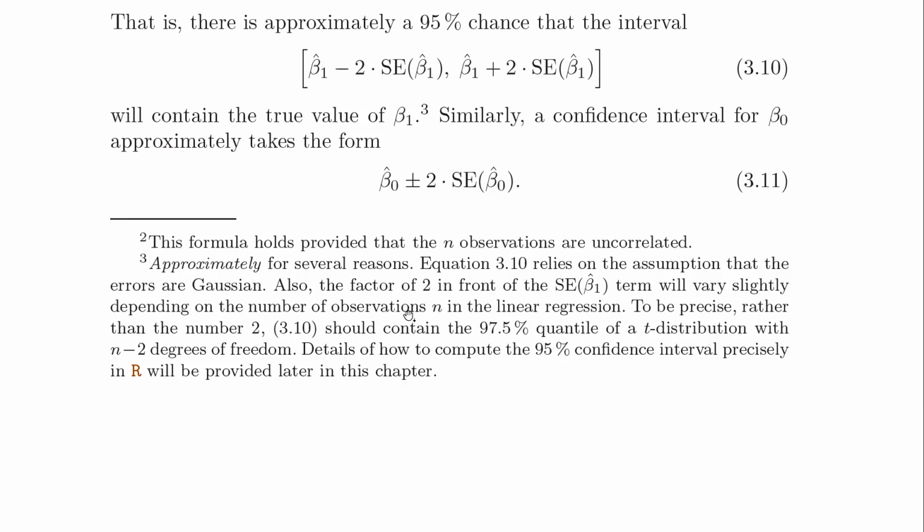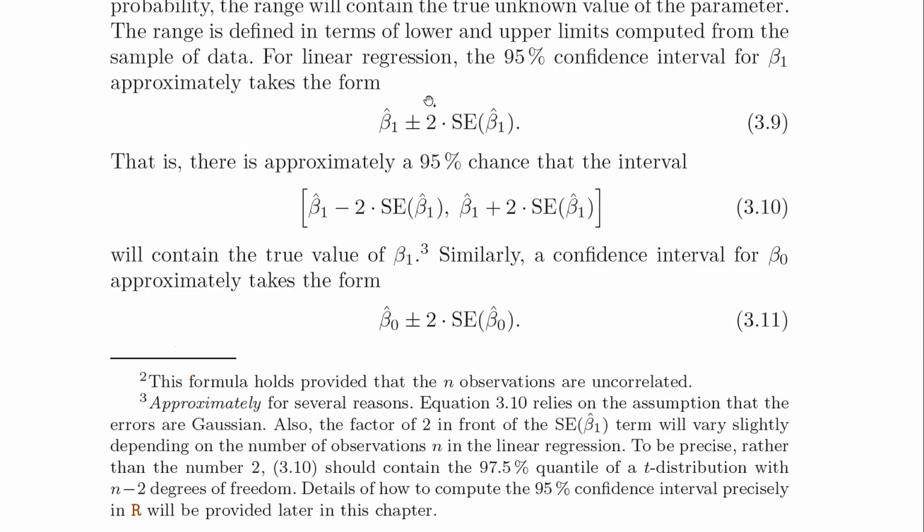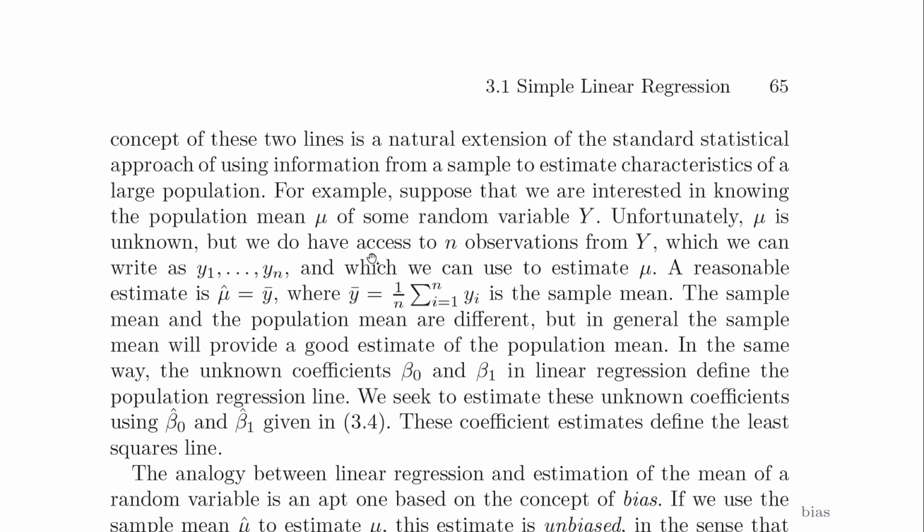And we're going to see this in R. The important thing is that you're just being exposed to these ideas. Similarly, a confidence interval for beta naught approximately takes the form this over here. With these two pieces of information, remember, you never know the red line.